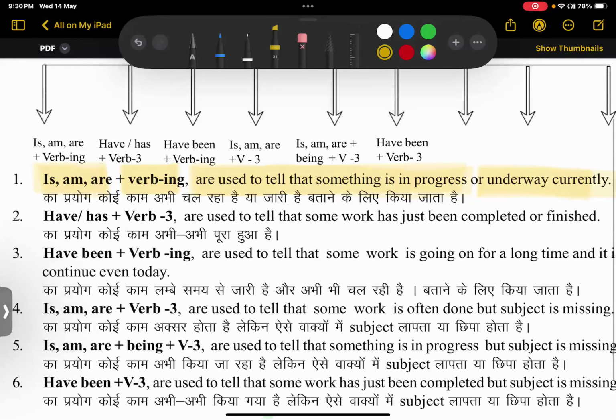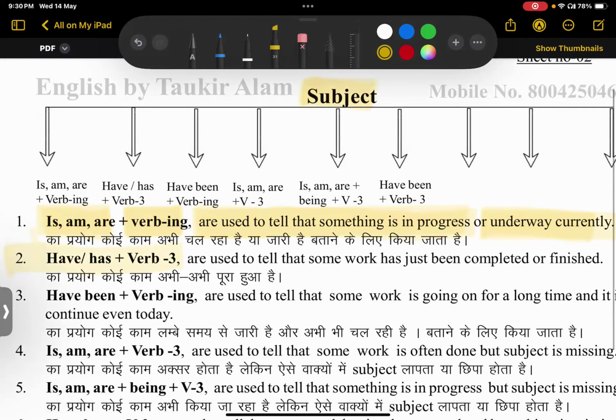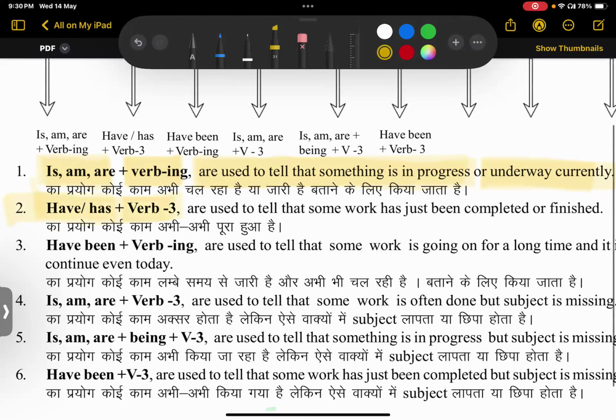So I said this was the last structure, but sorry, I'm going to teach you one more structure, and this should be last. After that, we will go for discussion. Dear student, if you speak subject and after subject, if you speak have, has plus verb in third form, these are used to tell that some work has been completed or finished.